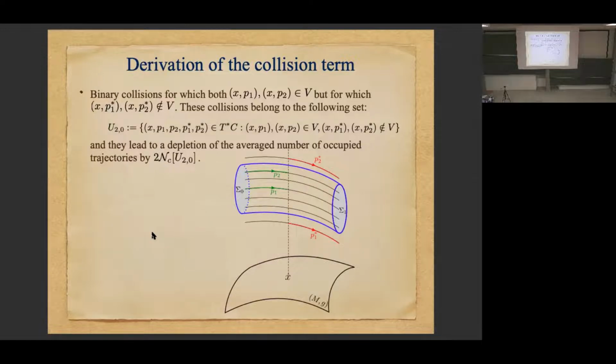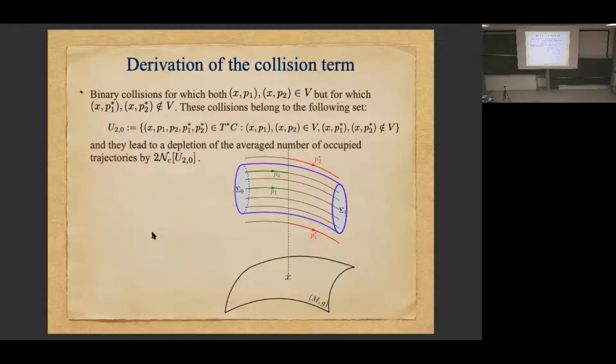So these are two trajectories that go through the same fiber, so they have an encounter here in space-time. But then they suffer a collision, and what might happen is that after the collision, P1 star and P2 star are outside this tube. This is described by this set here, and such a collision will lead to a depletion of the average number of occupied trajectories by twice the average number of such collisions in this tube here.